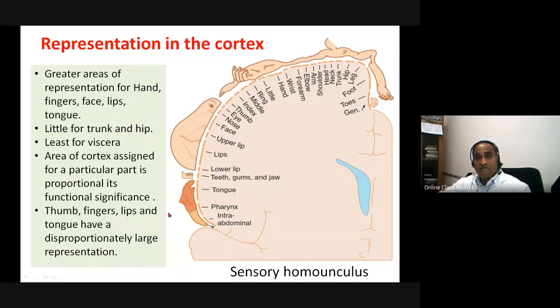Thumb, fingers, lips, tongue have a disproportionately large representation. That is what makes the sensory homunculus. I want to impress upon you that disproportionality is due to the functionality, the sensory functionality of the particular part.